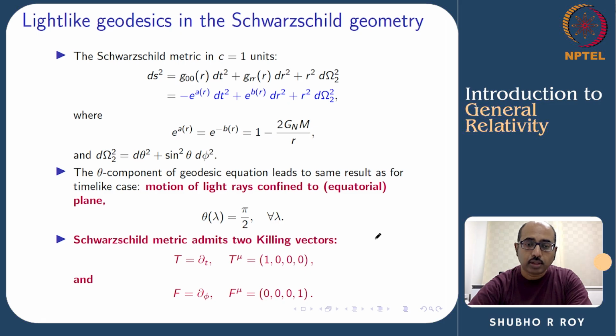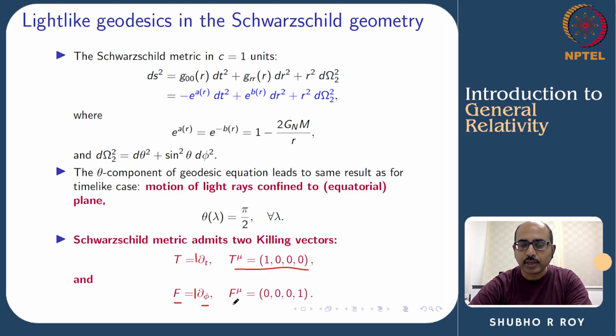Next, we recall that the Schwarzschild metric admits two Killing vectors. One is big T, which has component 1 times the basis element del t, or if you write the components, it is 1, 0, 0, 0, and F, big F, which again has component 1, and basis is del phi.